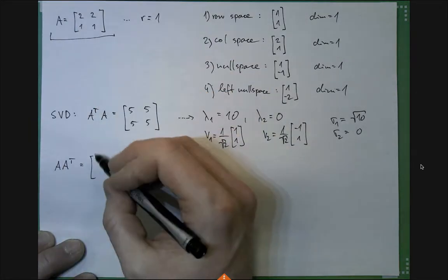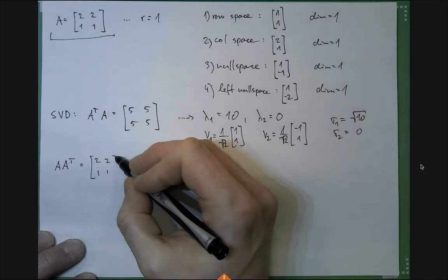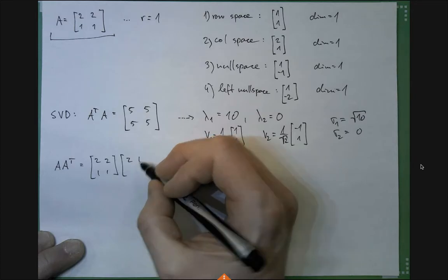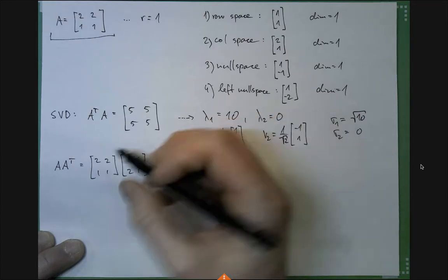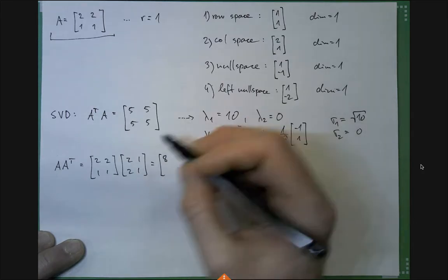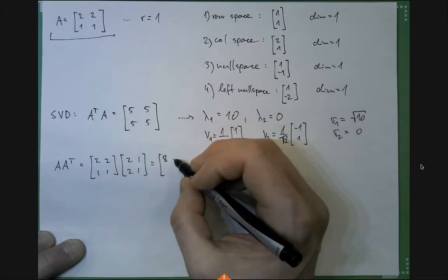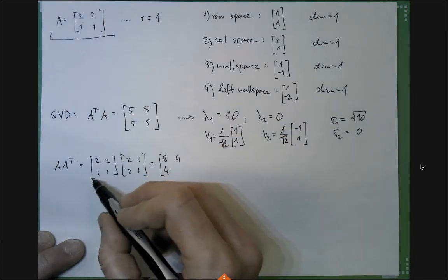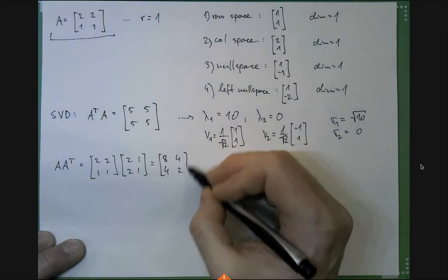Let's just do it quickly. That's 2, 2, 1, 1, and here we get 2, 1, 2, 1. So A A^T will be 4 by 4 is 8, this is 2 plus 2, that's 4, and here it's also 4, and here we'll have 2.